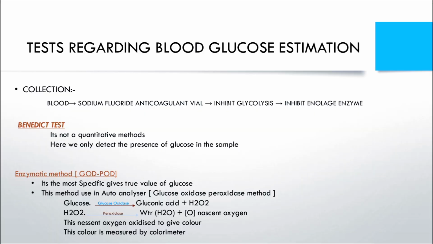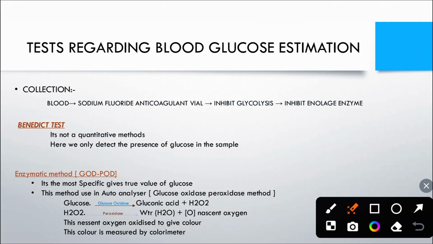Tests regarding blood glucose estimation. At first, blood is collected in a sodium fluoride anticoagulant vial that inhibits glycolysis by inhibiting the enzyme enolase. That means the breakdown of glucose stops due to the anticoagulant sodium fluoride.